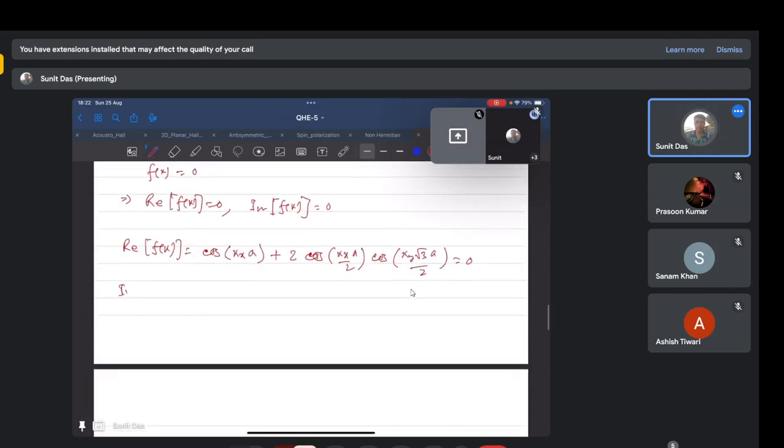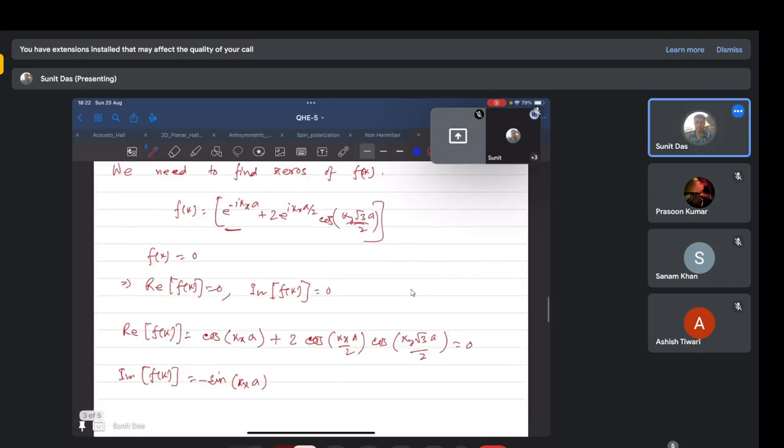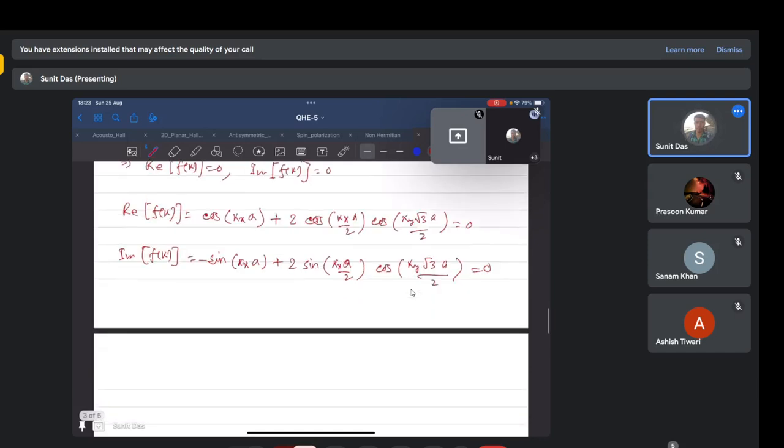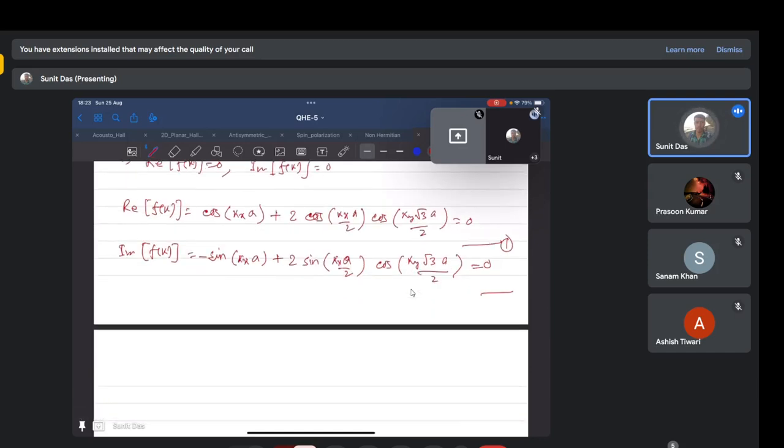And similarly, the imaginary part of f(k) will be minus sin kxa, because this was e to the power minus i kxa, and then plus 2 sin kxa by 2 equal to 0. So let's call these equations 1 and 2.